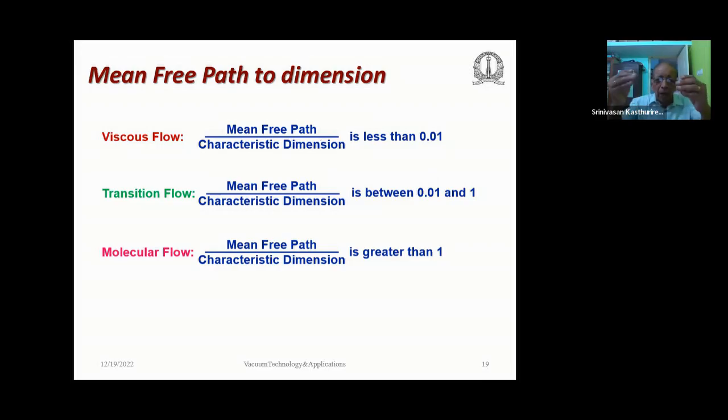Okay. Mean free path divided by the characteristic dimension less than 0.01, you call it viscous flow. And when it is greater than 1, you call it molecular flow. Anything in between 0.1 and 0.01, you call it transition flow or transition region. Okay.